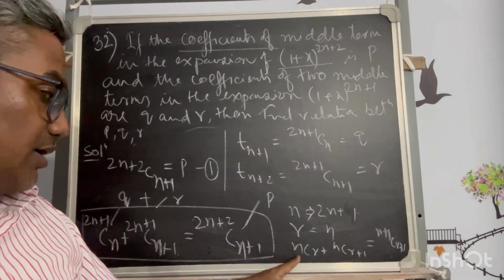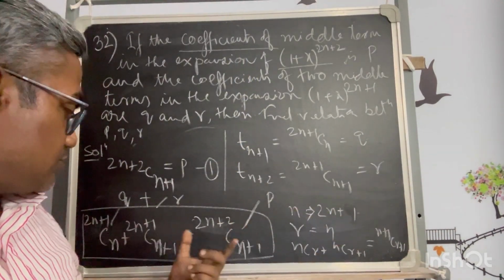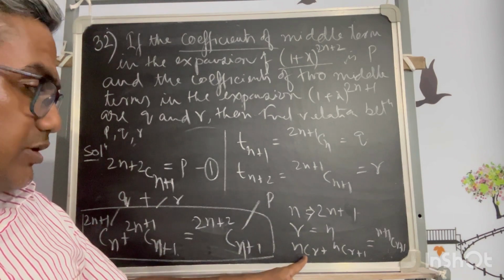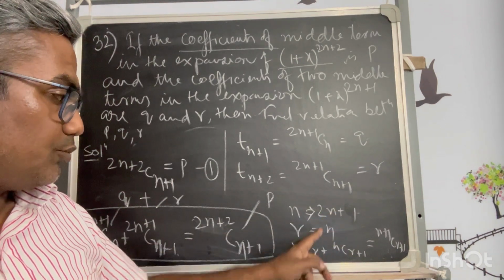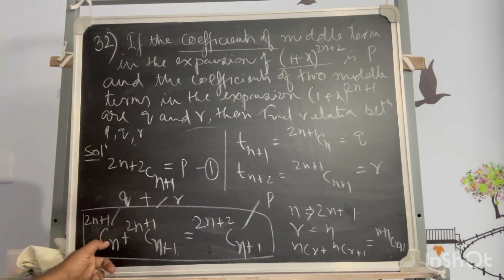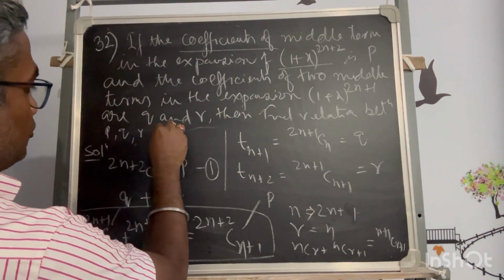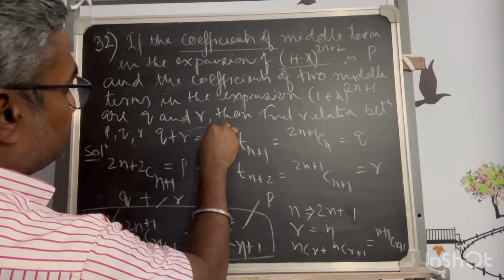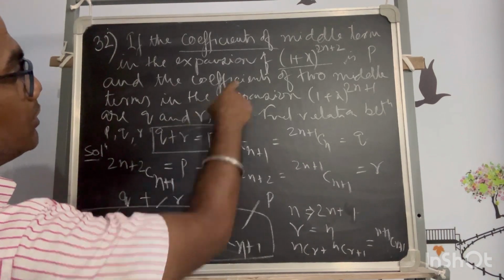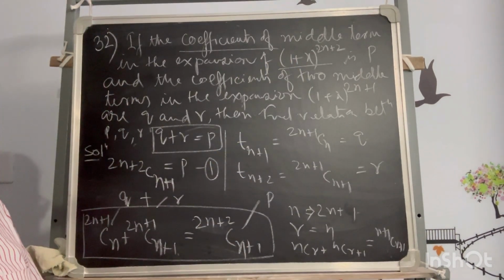Here instead of n you put 2n plus 1, and r you put n, so you replace the values and you will get this one. So the relation established is that q plus r gives you p. This is the relation between their coefficients in the expansion.